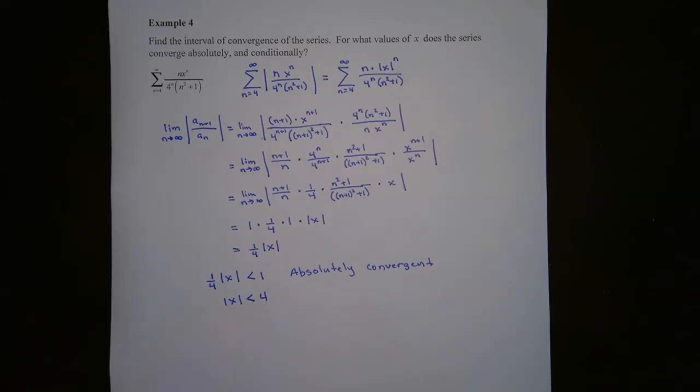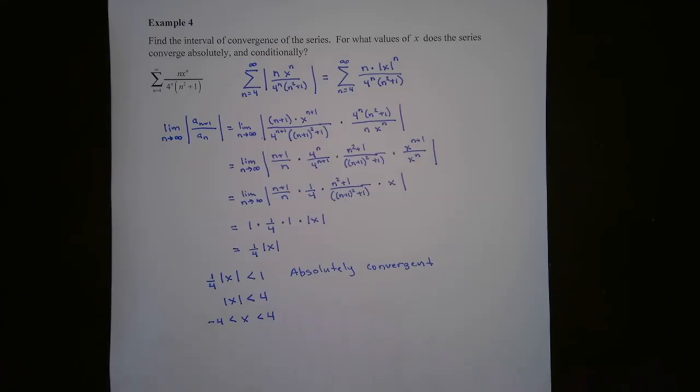So our radius of convergence is 4. Now our interval of convergence, we can use this to get it, right? Because when is the absolute value of x less than 4? Well, it's when negative 4 is less than x, which is less than 4. And so our interval of convergence is from negative 4 to 4. That's a distance of 8, and half of 8 is 4. So that's why our radius of convergence is 4.